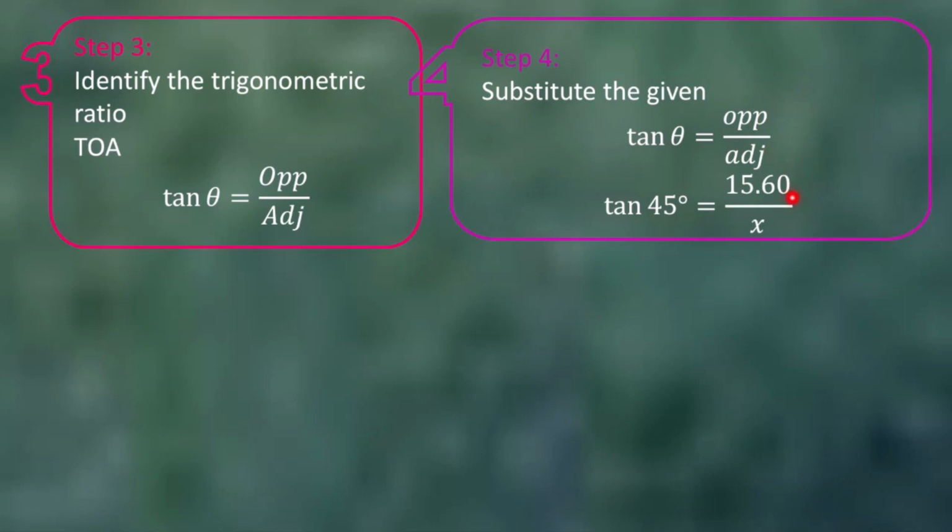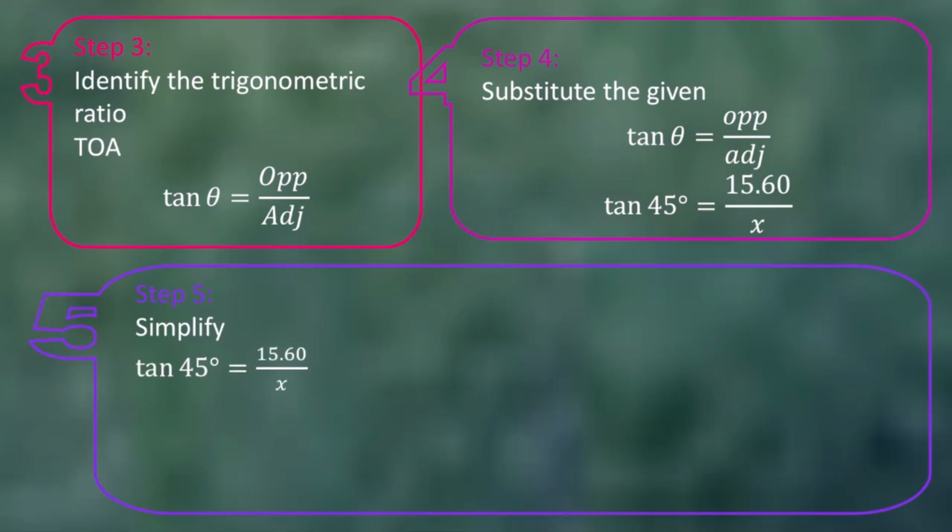The adjacent side, dinenote ko po siya kanina as X. Next, step number 5 will be the simplify. Simplify po natin yung step 4. Yan. Tan 45 degrees is equal to 15.60 over X.